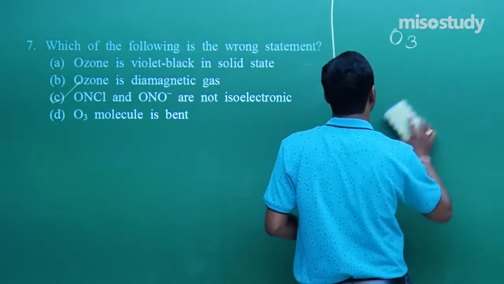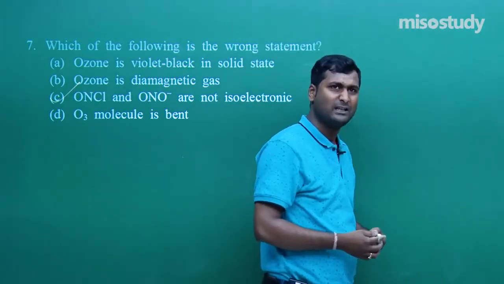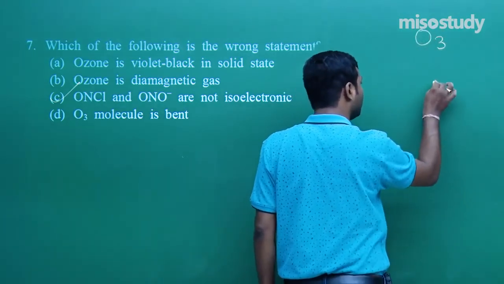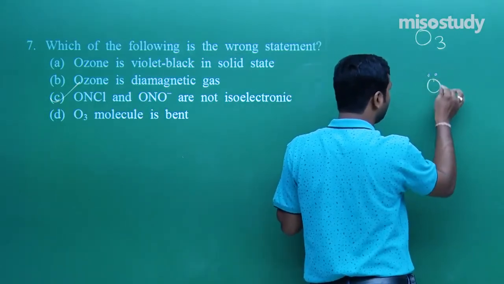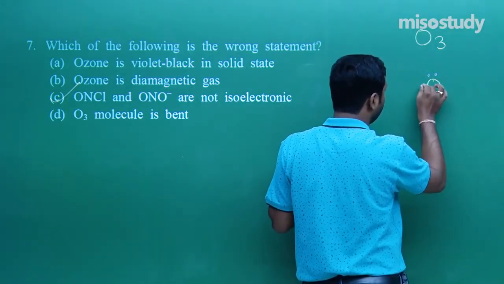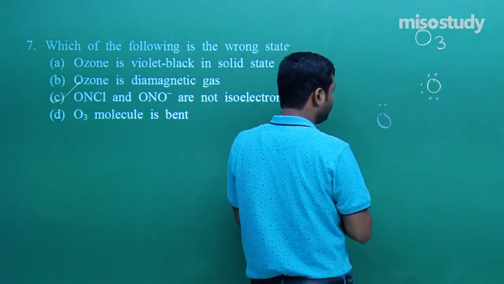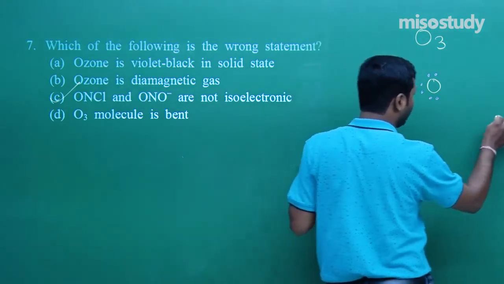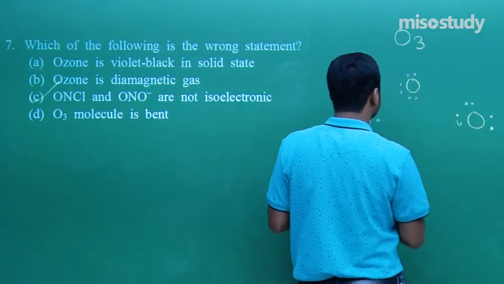If anyone asks you to draw the resonating structure of ozone, I think you know. So let's practice again. If I talk about O3, look at oxygen here, with electrons 2, 4 and 2, 6 here. That is ozone here, 2, 4 and 2, 6, and again ozone here, 2, 4 and 2, 6.